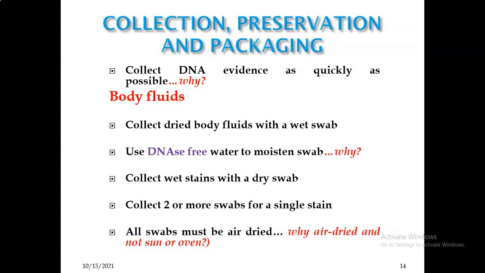Then you collect 2 or more swabs for a single stain. Don't collect just a single swab. Collect 2 or more from a single stain, so that should something happen, the forensic science lab can get other sample for retesting.